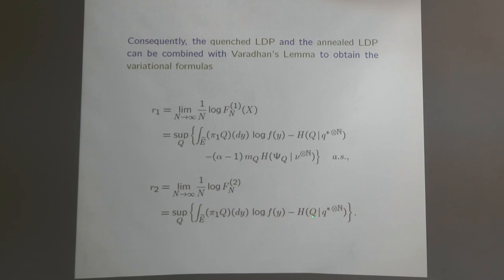Then over all possible choices of such Q's, the relative entropy is minimal when you take Q to be a product measure, because the relative entropy is with respect to a product measure.